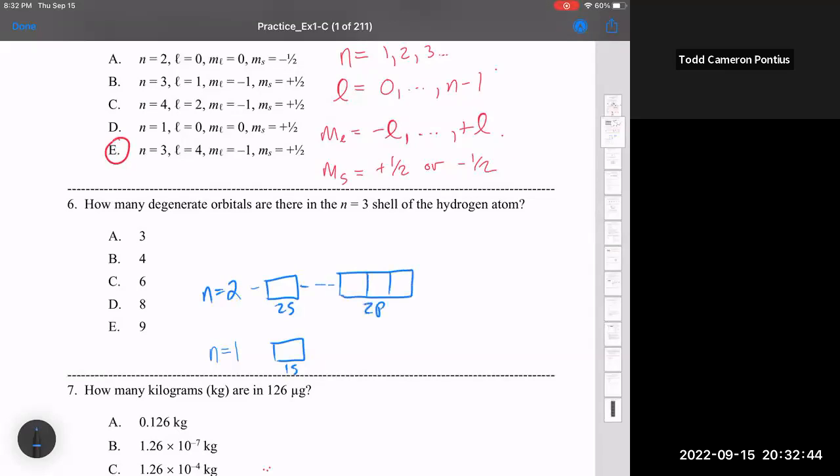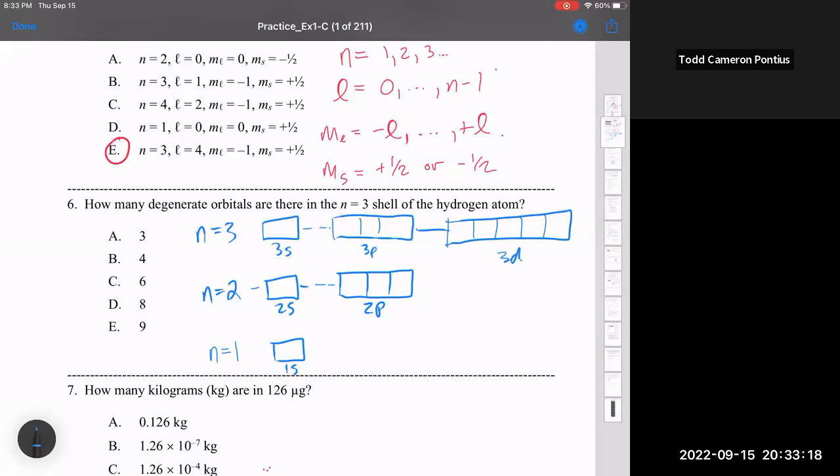Okay. Now, if n equals 3, we have a whole new world full of orbitals. We have 3s, we have 3p, and we also have what? 3d. And how many orbitals are there in a d subshell? 5. Okay. 3s, 3p, and then 3d.